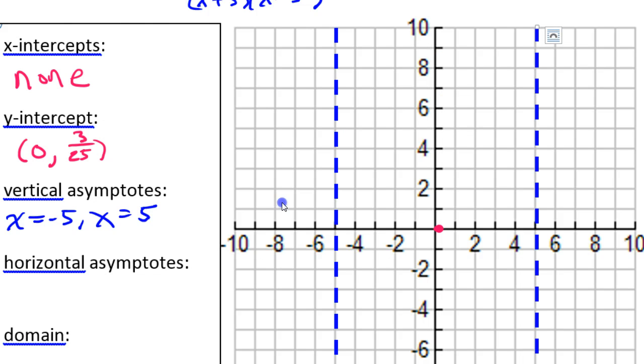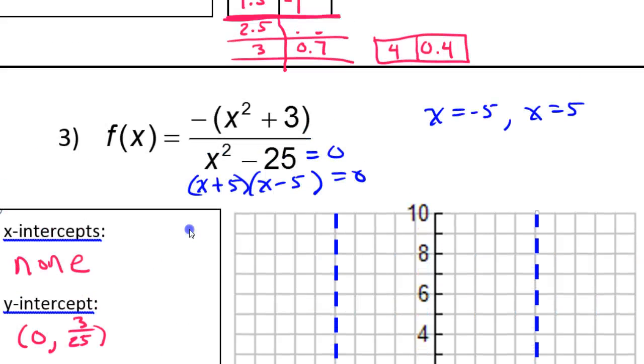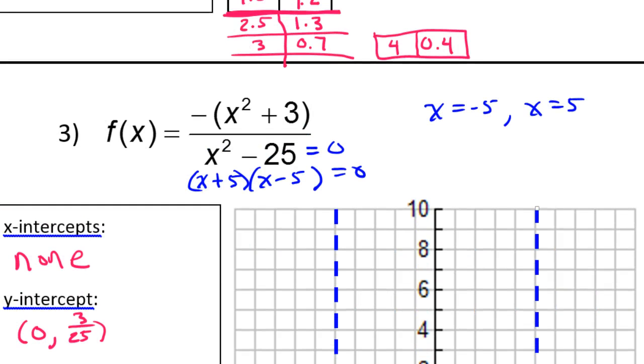Okay, so what's the degree situation here? Well, looking at the numerator, the degree is 2. The denominator, the degree is also 2. So when the degrees are equal, that's when we must divide the leading coefficients. Now, again, I'm distributing the -1.